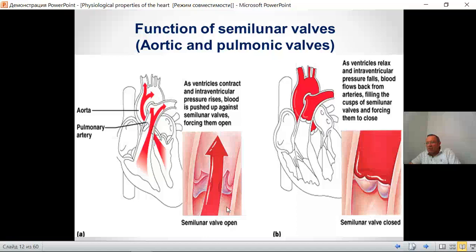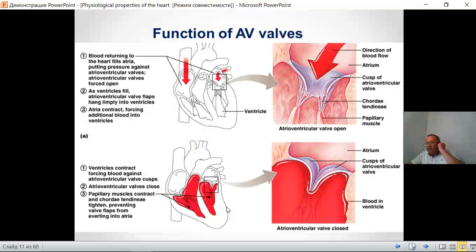Located at the opening between the left atrium and left ventricle is the mitral valve, also called the bicuspid valve or the left atrioventricular valve. Structurally, this valve consists of two cusps compared to the three cusps of the tricuspid valve.